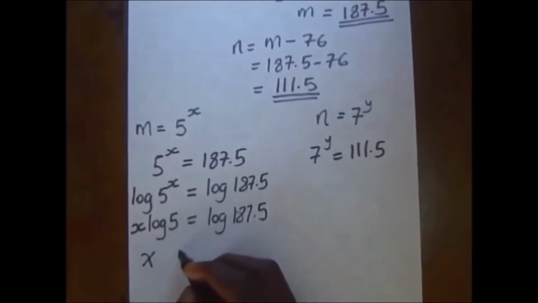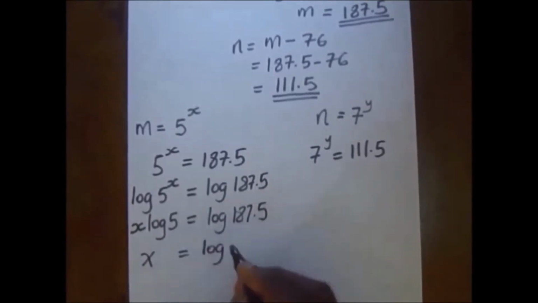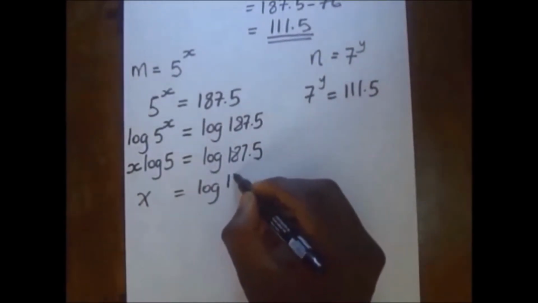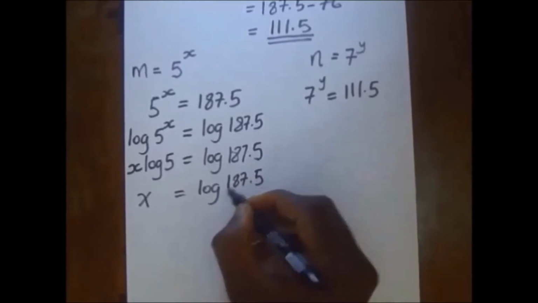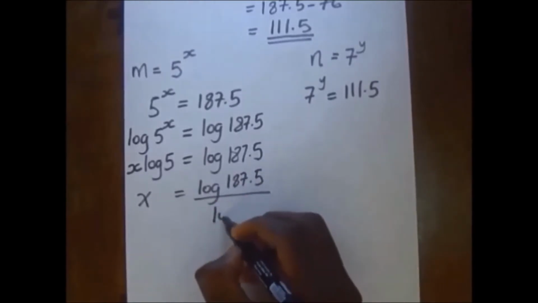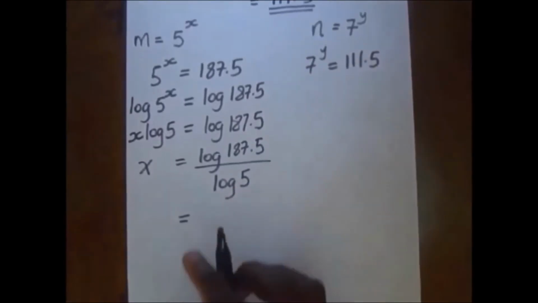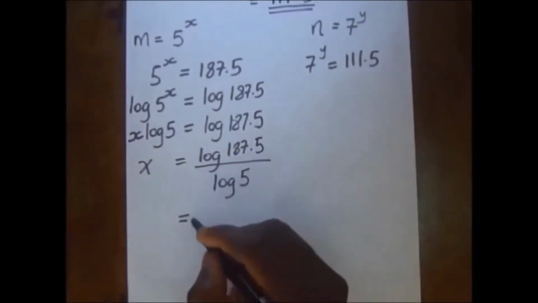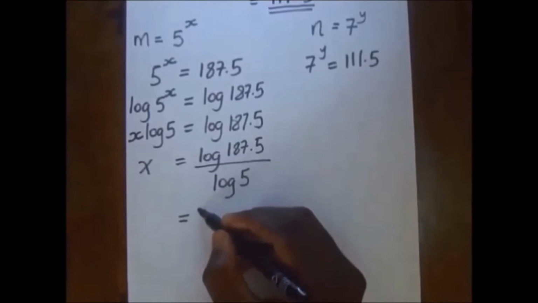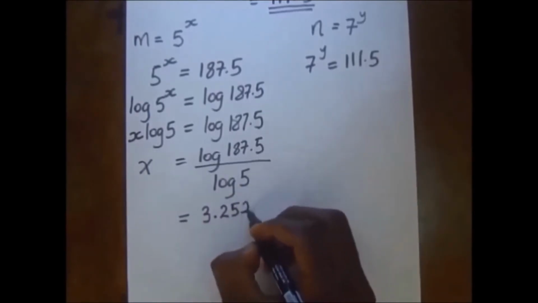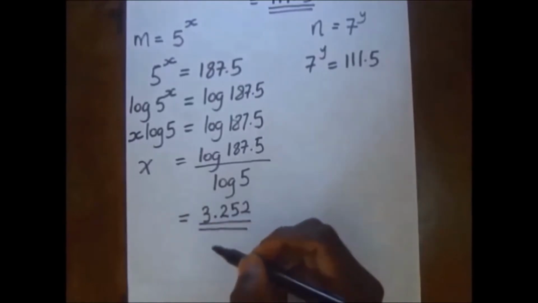So our value of x here is going to be the log of 187.5, divide that by log of 5. And what is our answer there? Log of 187.5 divided by that, we get one of the values of x as 3.252. This is one of our values of x.